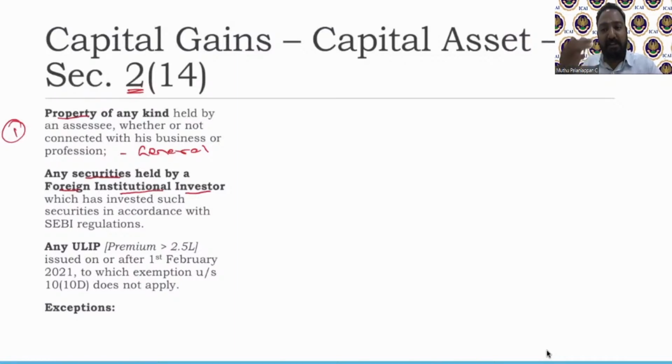Generally, a transaction in capital gain could either be regarded as capital gain, or if that is your primary income, that is what you have been doing day in and day out, you could call it as business income also. Like every day, my entire primary source of income itself is trading in securities. Then my income is business or profession. It will be treated as business or profession and not under capital gain, correct?